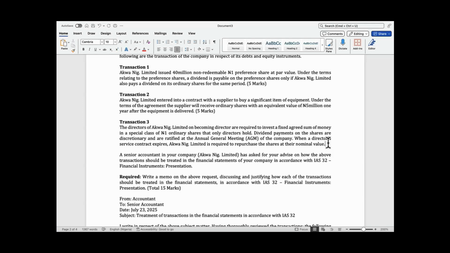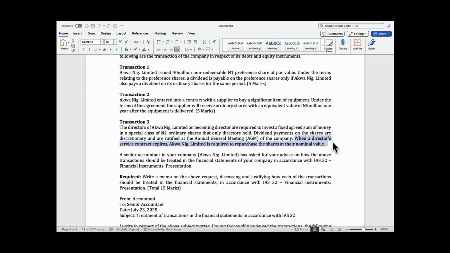Every director's service would expire, as we are told in this question. So automatically, because of this, Aqua Nigeria Limited would have to repurchase. It's something they will have to do. If this last paragraph wasn't there, you would have treated these shares as equity instruments in their books, because that's share capital, since the directors are buying shares from the company. So the company is issuing shares. That's share capital.